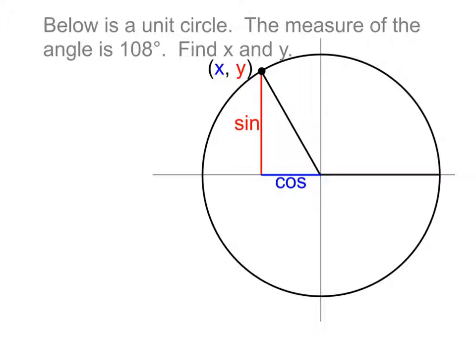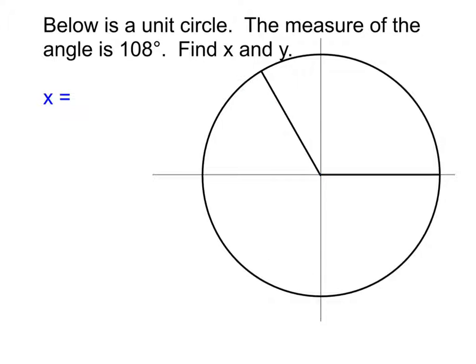This is just straight out of my notes. To find x I do cosine, to find y I do sine, and so I can go straight to it without even having to make that drawing. In order to find x, I'm just going to do cosine of the angle. That's all I have to do: cosine of 108 degrees. And then we can do that calculation. In this case, it gives us an answer of about negative 0.31.